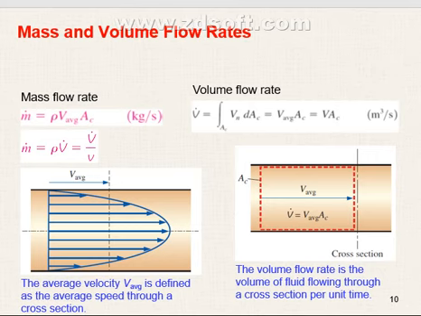So if I have volume flow rate, the unit is going to be meter cubed per second. Mass flow rate is going to equal kg per second. So mass itself, mass without a dot, the unit is kg, but with a dot, kg per second. That's also for the volume. Volume itself, meter cubed. Volume flow rate, meter cubed per second.